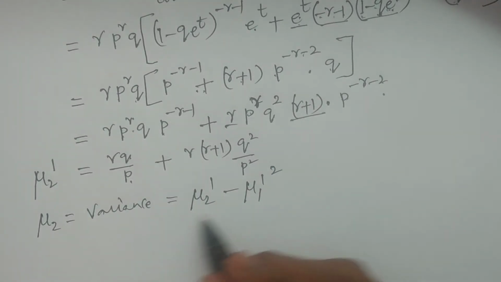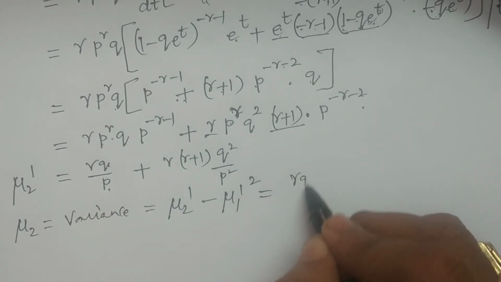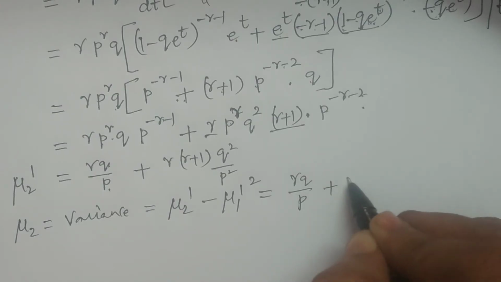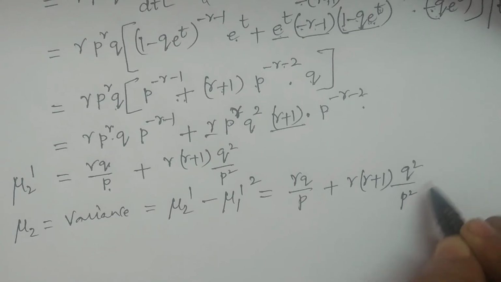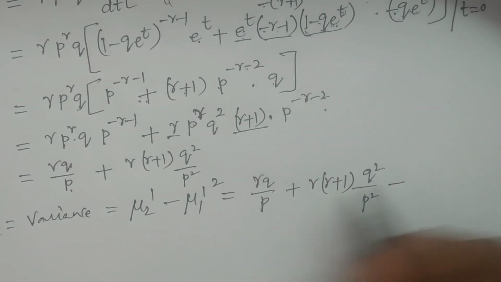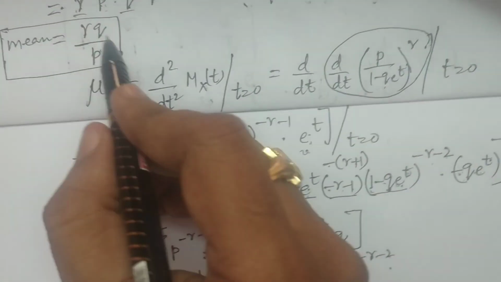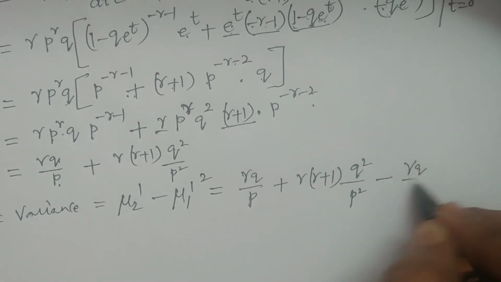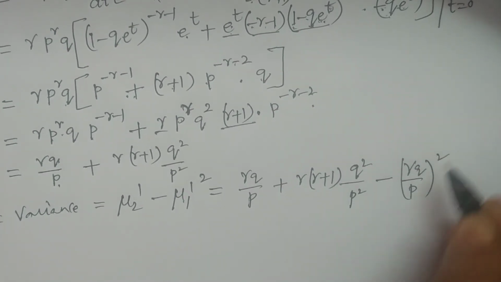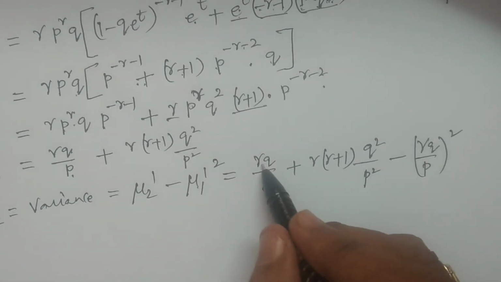So which means what is mu 2 dash? Just now we have calculated rq by p plus r into r plus 1 into q square by p square, minus mu 1 dash. We have calculated mu 1 dash is rq by p, that is the mean. So minus rq by p the whole square. Now you take common everywhere rq by p.